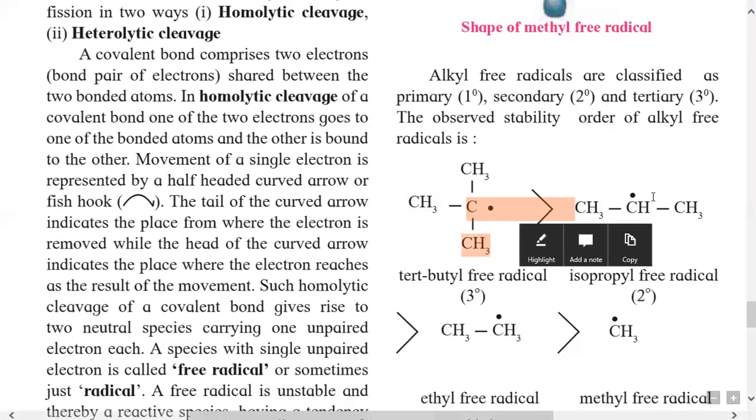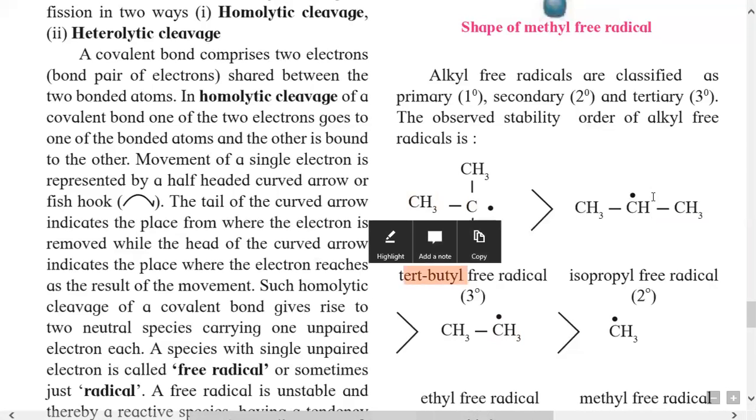In total there are four carbon atoms, and this alkyl group is named tertiary butyl. There is one unpaired electron on the central carbon, therefore it is called a tertiary butyl free radical.